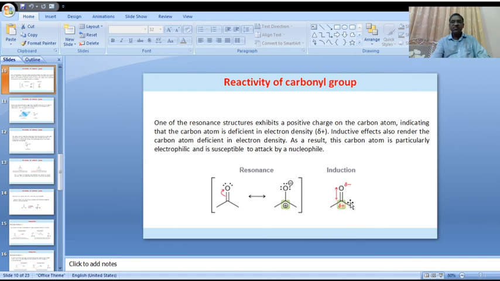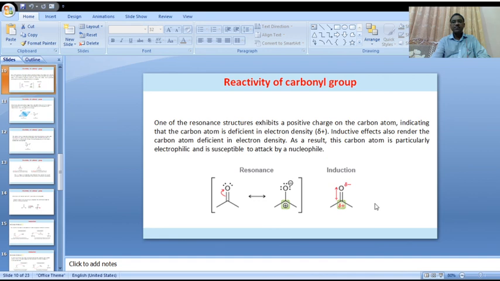Inductive effects also render the carbon atom deficient in electron density, because here also the pi bonded electrons are attracted by the highly electronegative oxygen atom. In that case, the electron density decreases on the carbonyl carbon.